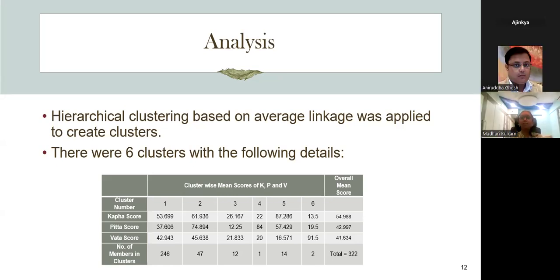The method we have used is cluster analysis. So far it seems that cluster analysis is definitely helping in creating a classification of the patients. This was the problem I wanted to talk about today.